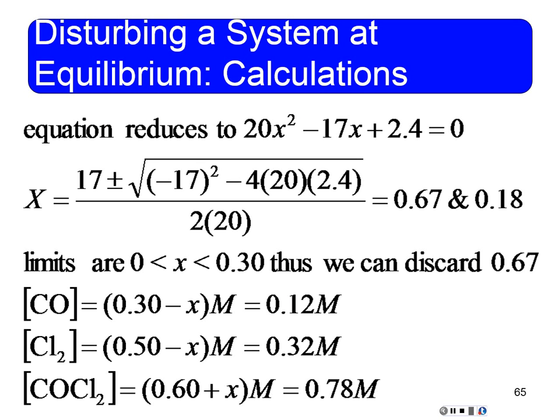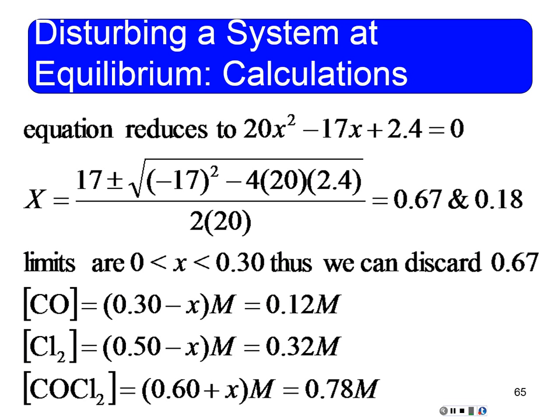Okay? You find Kc. If you're given Kc, then that's just one less step that you have to do. Okay? You find Q. Q is based on the stress. If something has to stress the system, meaning in our examples, volume or concentration, then you find Q. If you want to just use your knowledge, you don't have to always find it. You can know which way it shifts. Okay?